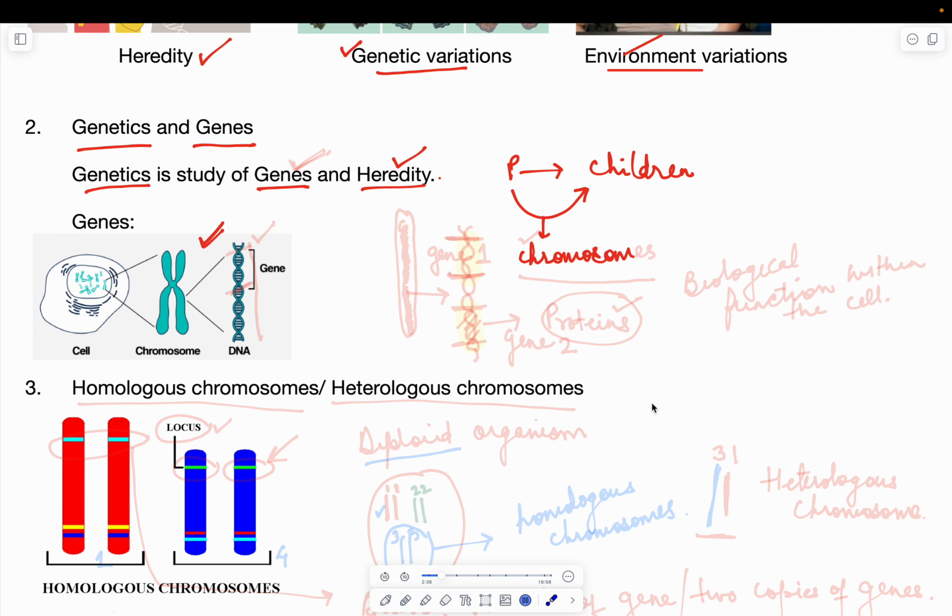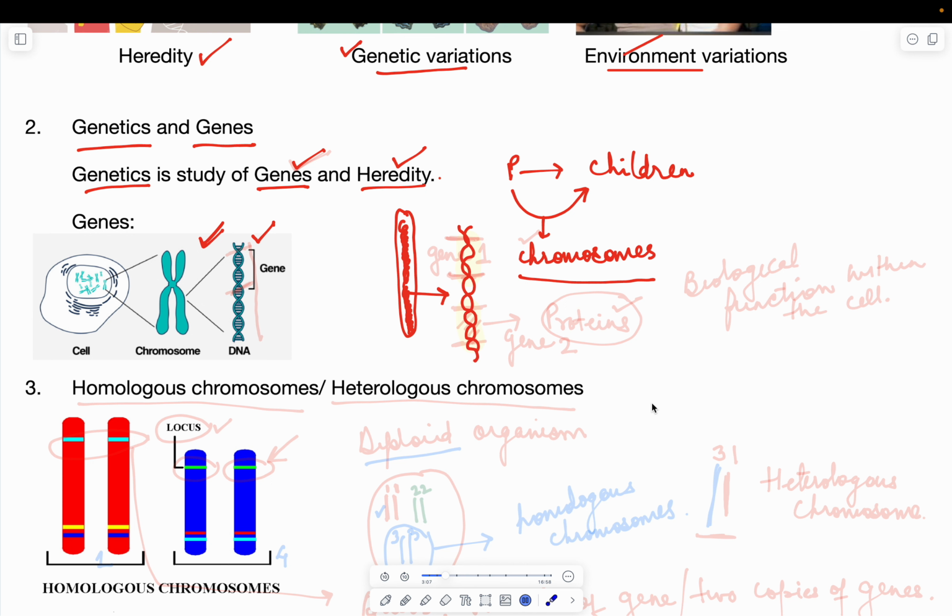We inherit the chromosomes from the parent, and chromosomes are the carrier of the genes, right? So I'll draw one chromosome here. A chromosome has DNA in a packed form. If you open the DNA, it will look like this. DNA has two strands. This is one strand, this is the second strand.